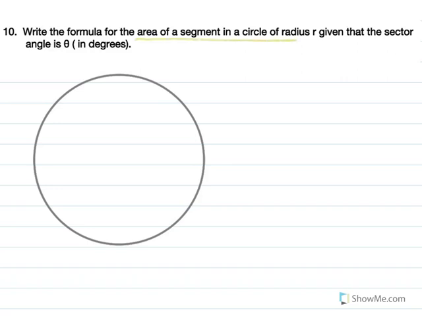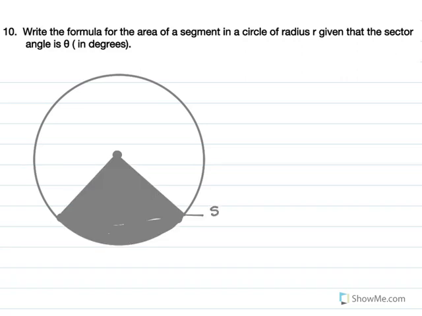Write the formula of the area of a segment of a circle of radius r given that the sector angle is theta. Now for the segment, we know this is the center of the circle. Here what we've drawn is a sector, and this would be the segment.